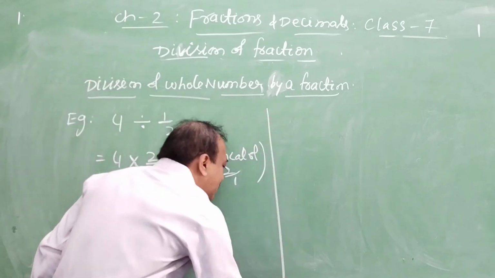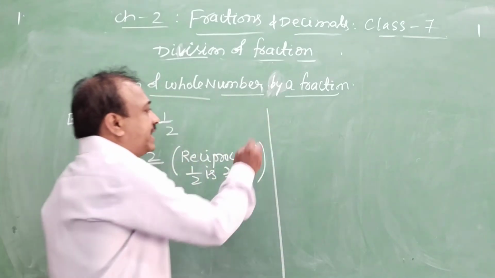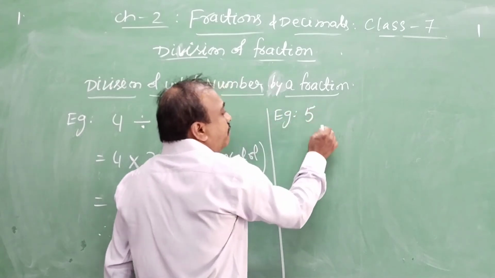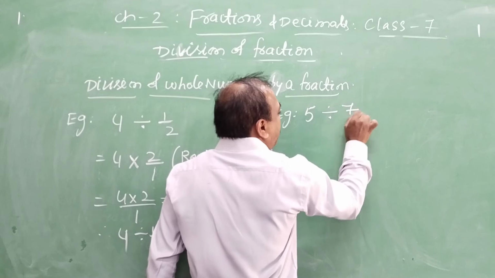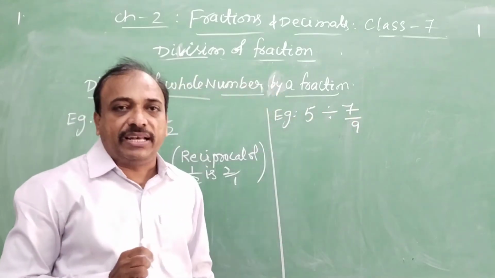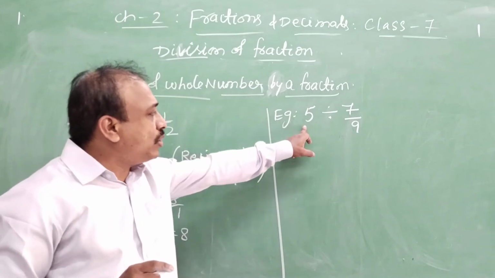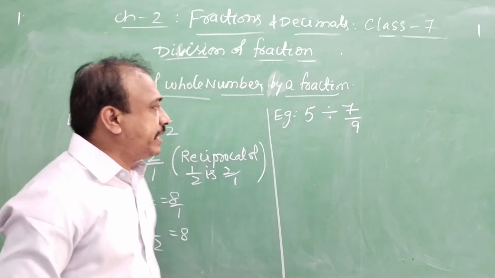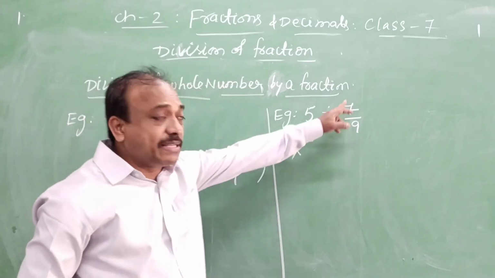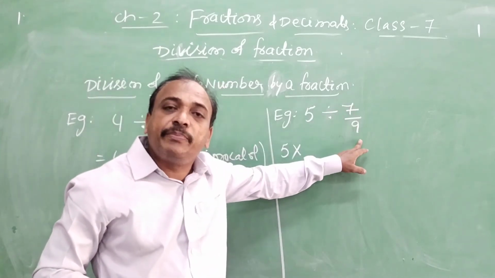Here we see one more example: 4 divided by 1 by 2. Now another example: 5, a whole number, divided by 7 by 9. Here 5 is the whole number and 7 by 9 is a proper fraction. So 5 into the reciprocal of 7 by 9.